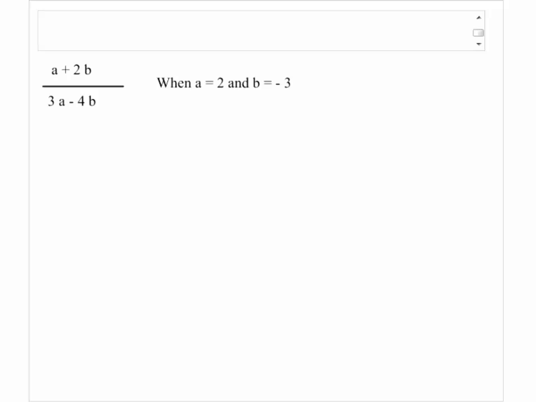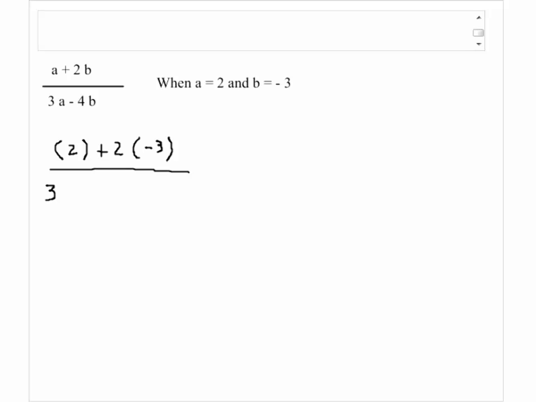Evaluate a plus 2b over 3a minus 4b, when a is equal to 2 and b is equal to minus 3. We substitute for every a in this expression 2. And we substitute for each b its corresponding value, in this case minus 3.